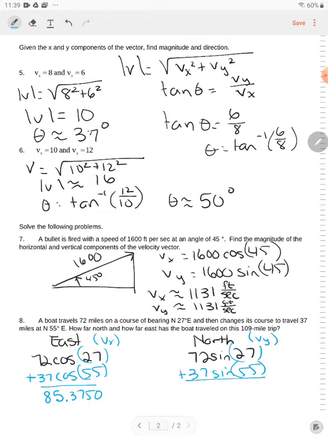So 72 sine of 27 plus 37 sine of 55 is 62.995, so this actually rounds to 63. So we want to know how far north and how far east the boat has traveled. So we're going to say it's going to travel 85 miles east and 63 miles north.